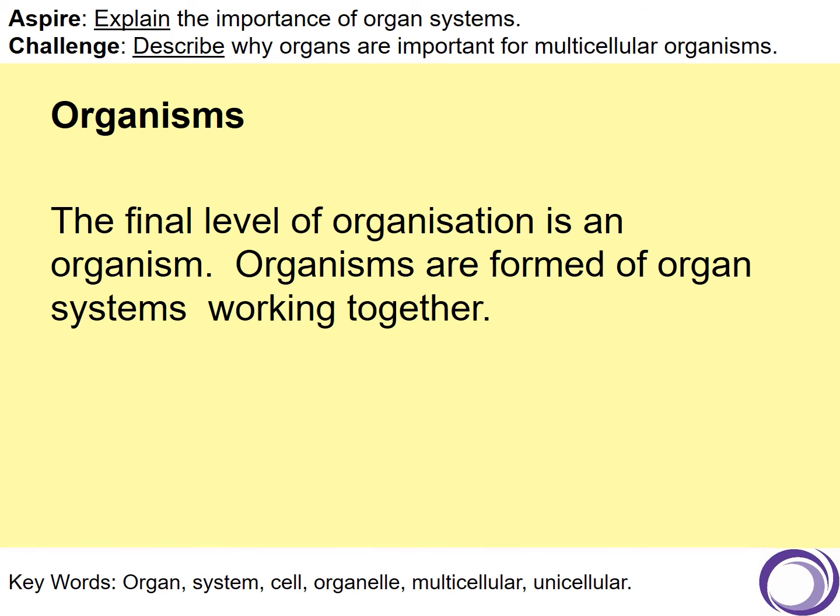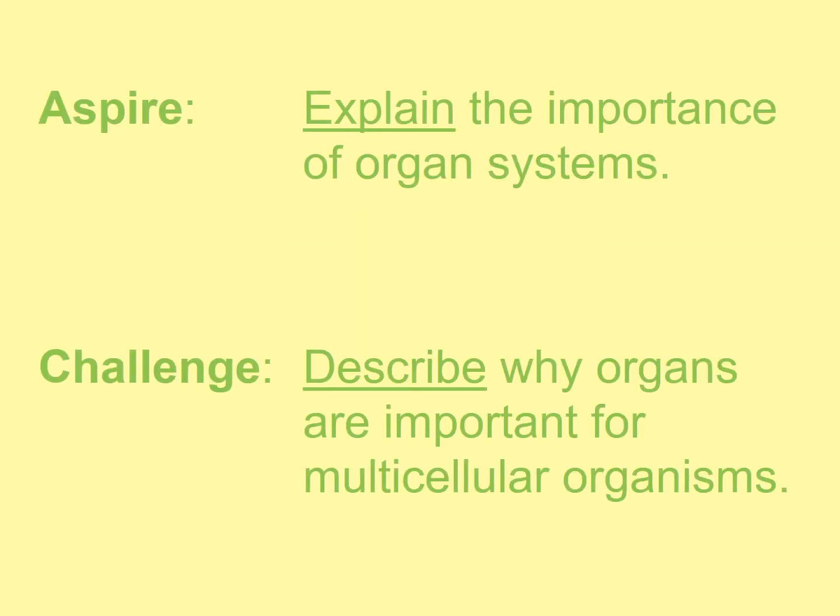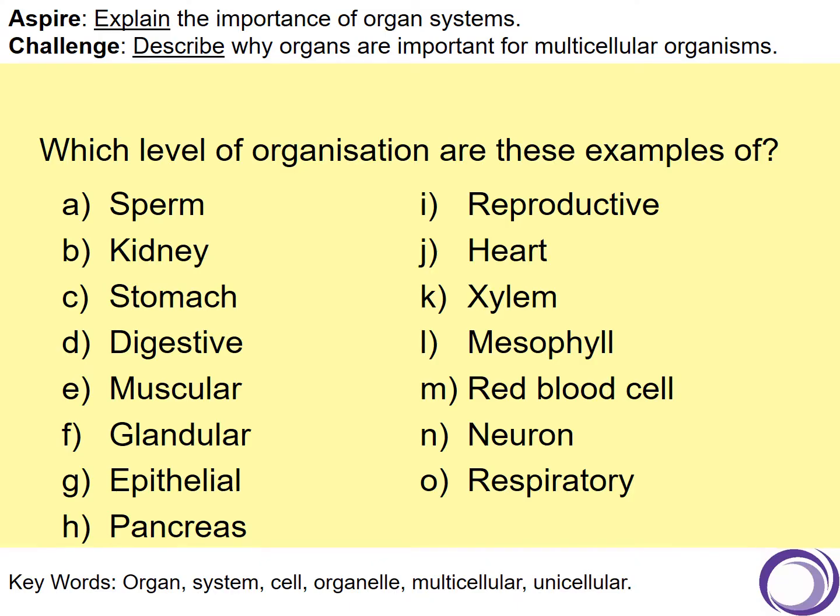It's not just animals. So that's the importance of organ systems, and I want you to have a look at this just really quickly and see if you can tell which level of organization these are examples of. Now I'll help you out with the first one. So a sperm, we did last lesson, a sperm is a cell.